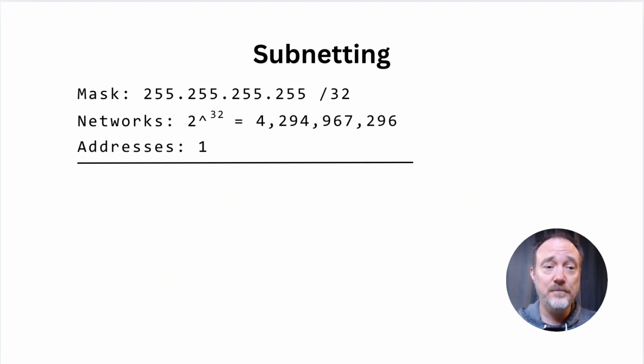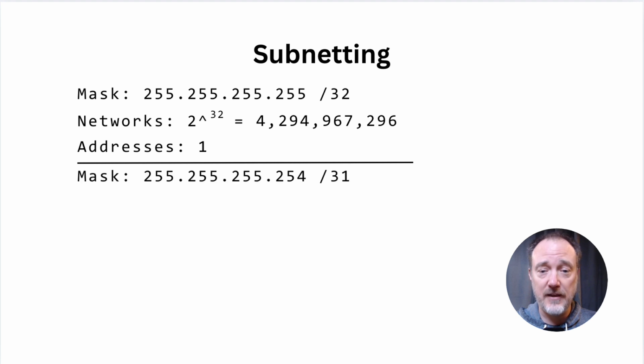The next smallest network mask would be a /31. So if we have /31, that means we have 31 network bits, and then there would be one host bit. This would be a subnet mask of 255.255.255.254, or /31. And the number of networks here would be 2 to the power of 31.